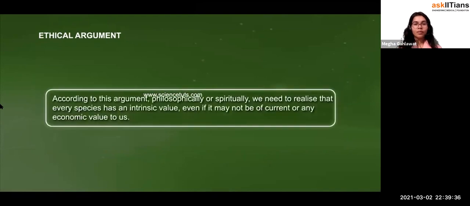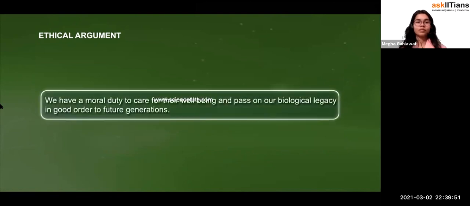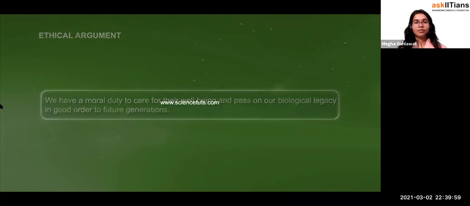Ethical argument. According to this argument, philosophically or spiritually, we need to realize that every species has an intrinsic value, even if it may not be of current or any economic value to us. We have a moral duty to care for their well-being and pass on our biological legacy in good order to future generations.